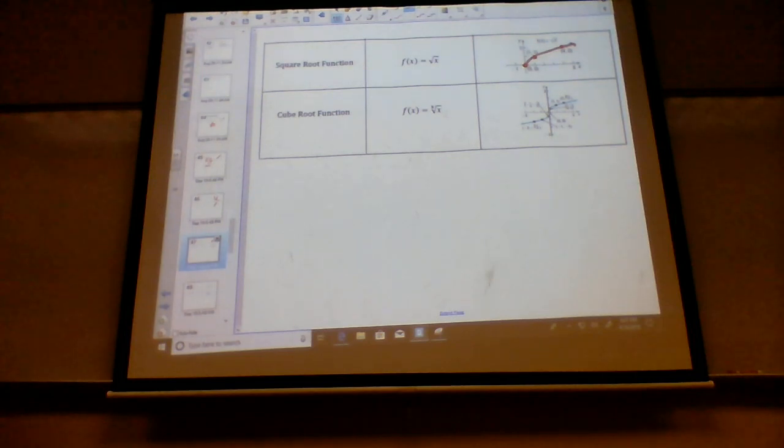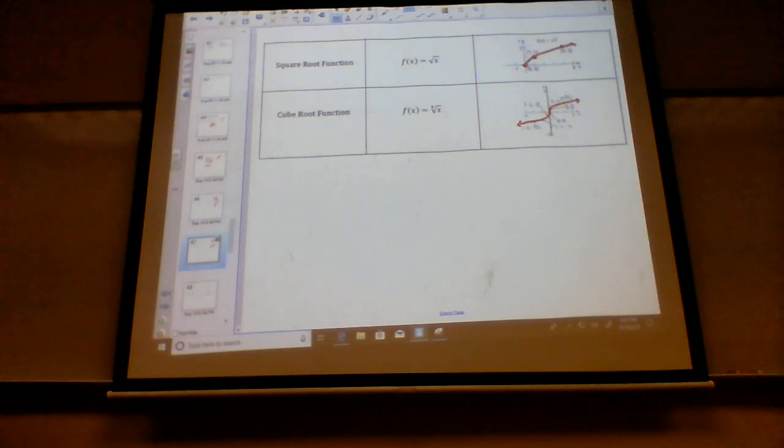Third to last function you need to know is the cube root function. F of x equals the cube root of x. It looks like this, and I have several key points on there for you to know.